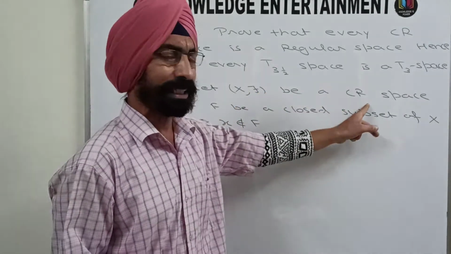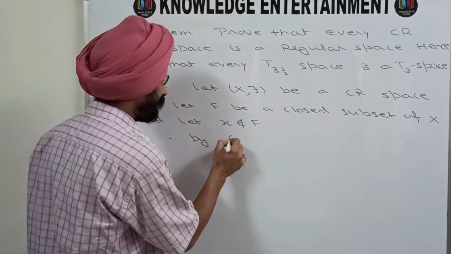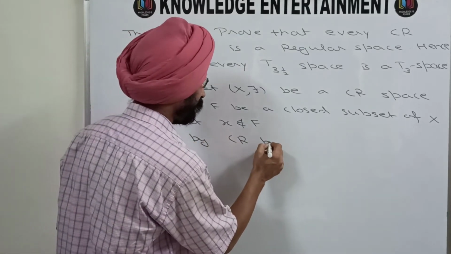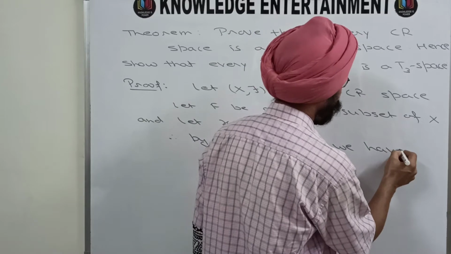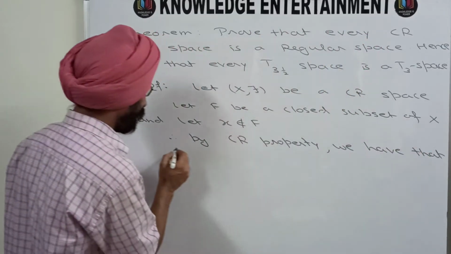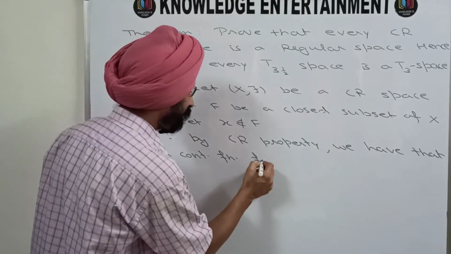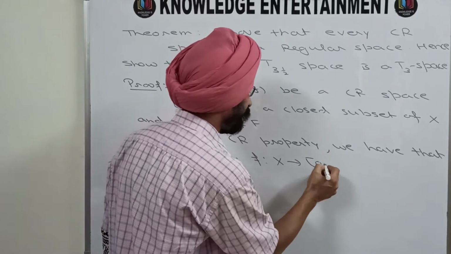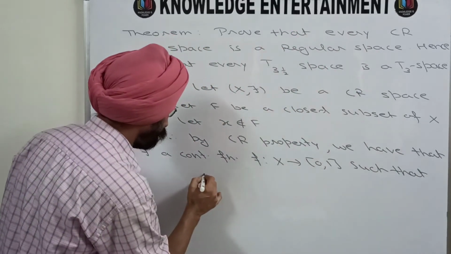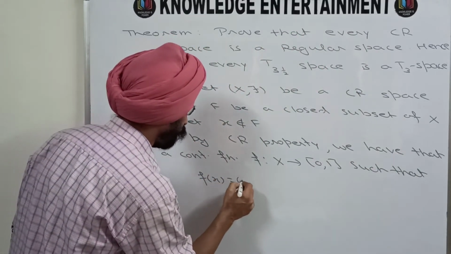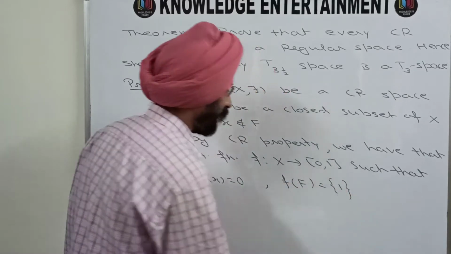Given the space is CR, completely regular, therefore by the CR property we have that there exists a continuous function f from X to 0, 1 such that f of x is 0 and f of every point of F is the singleton set 1.